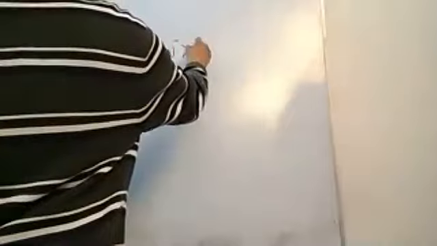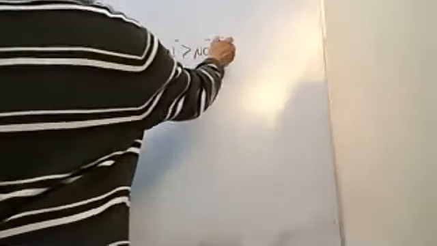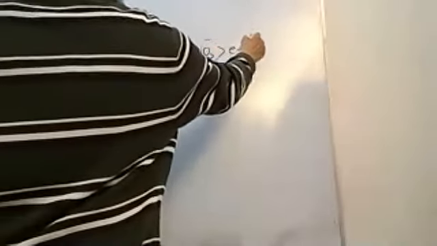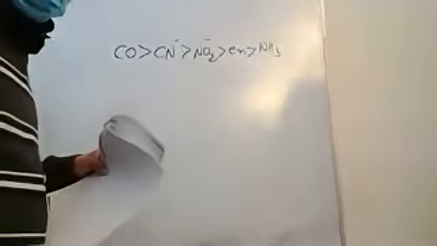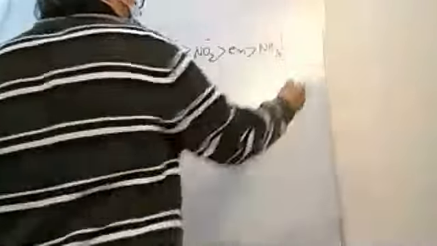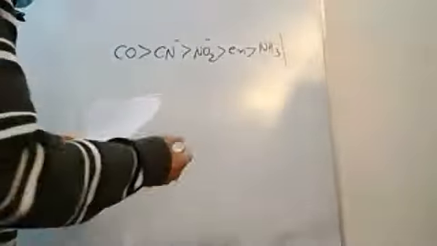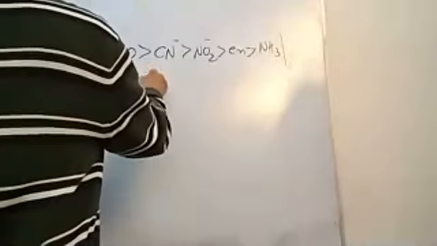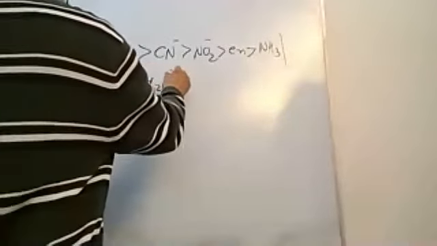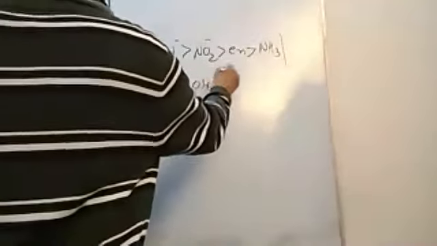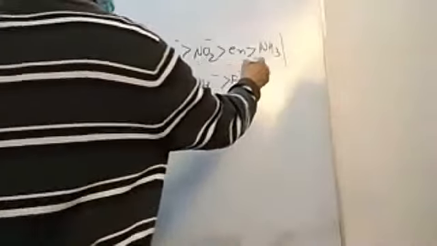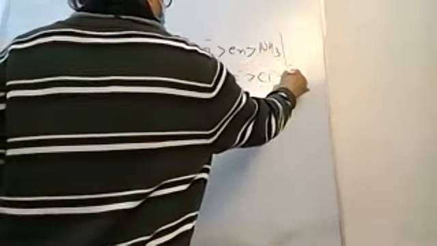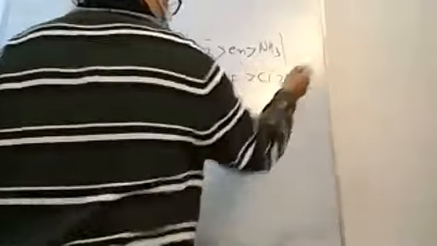That is followed by cyanide, followed by nitrite, followed by ethylenediamine, followed by ammonia. Up to this, these are all strong. And once you cross that, you have H2O greater than OH minus, greater than F minus, greater than Cl minus, greater than Br minus, greater than I minus.